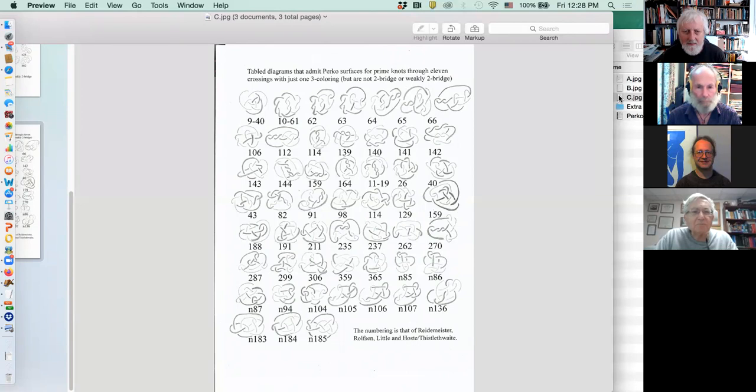Yeah. These are all the primes through 11 crossings that admit these nice surfaces and have just one 3-coloring, but are not 2-bridged or weakly 2-bridged. And because they're not 2-bridged or weakly 2-bridged, it's kind of hard to find a 3-coloring. So what I've done here is I've darkened the segments that carry the same color.